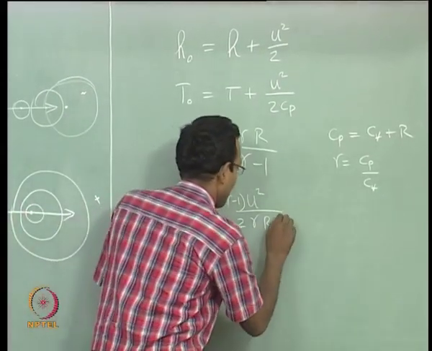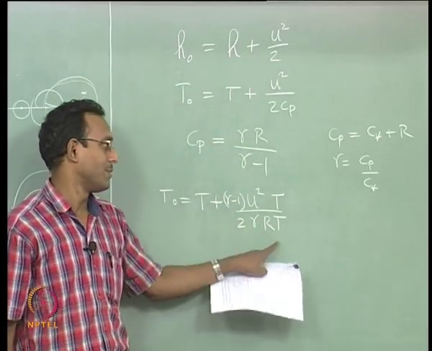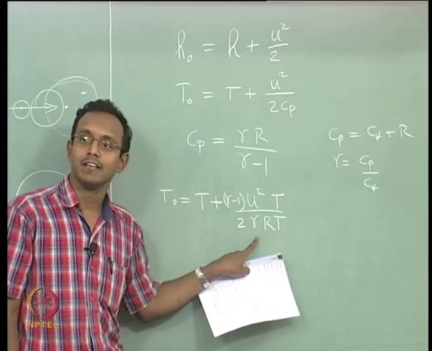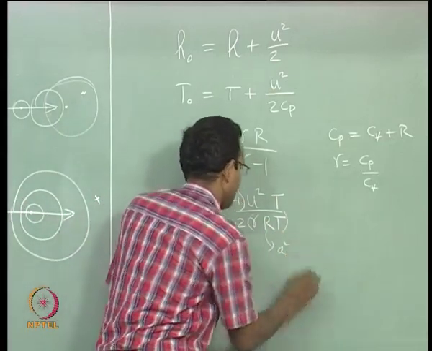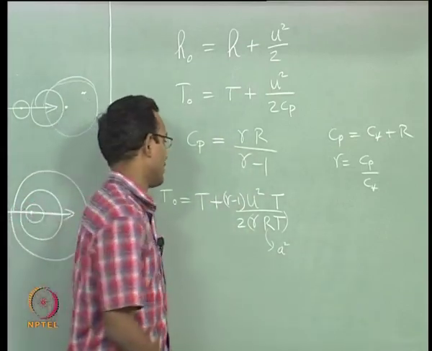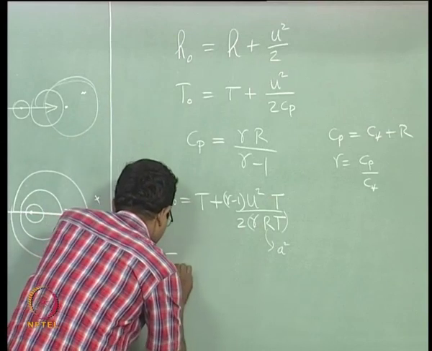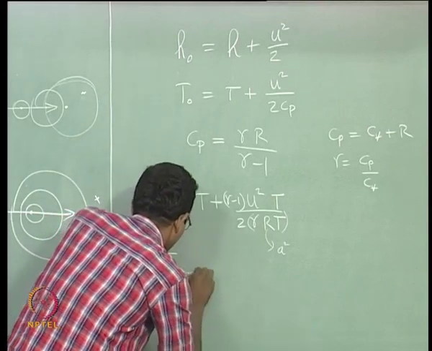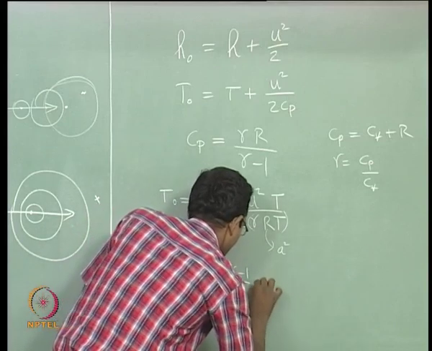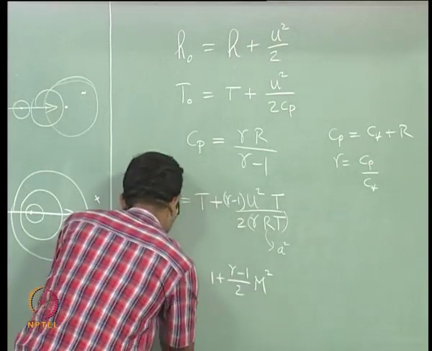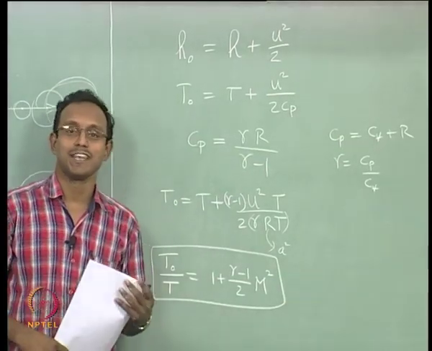If I want gamma RT, I will put a T here and a T here; I multiply numerator and denominator of this term alone by T. So I have gamma RT, which is replaceable by A square. So now U square by A square is my Mach number. So now I can write this expression, very commonly used in gas dynamics.